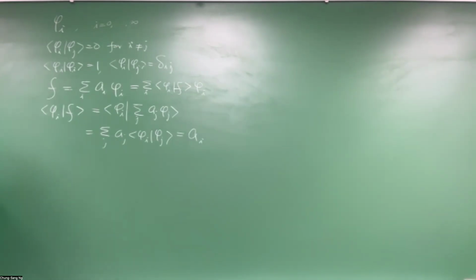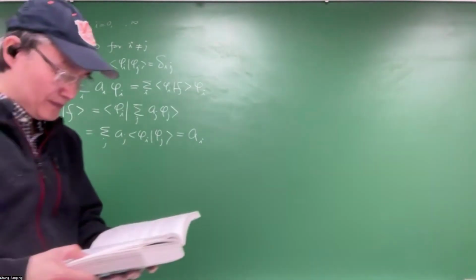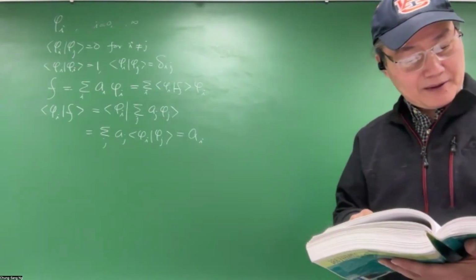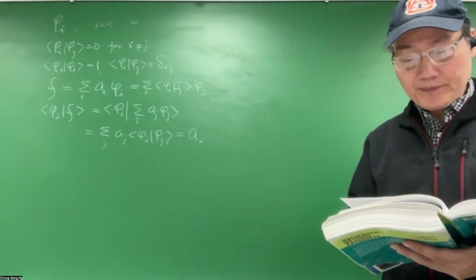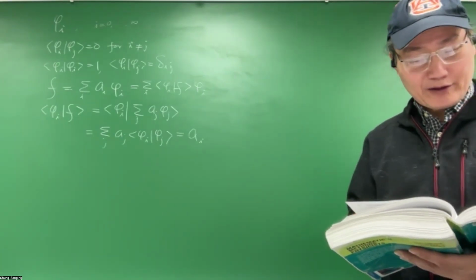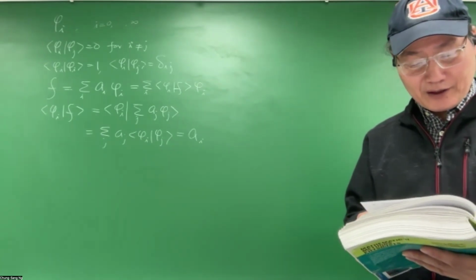Okay, so that's the orthonormal expansion. You've seen this before in your series. Because we have done that, we don't need to look at the example, because the example is just the Fourier series. We've seen that.